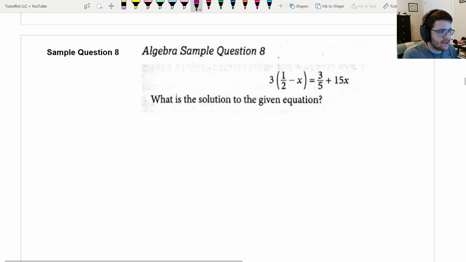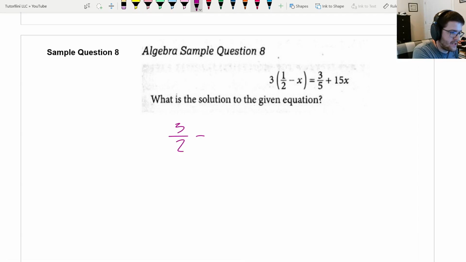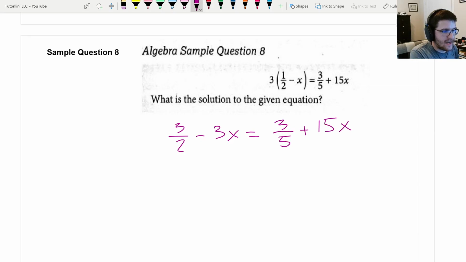Okay, so I really don't like these fractions. But I realize I have to distribute over here. So why don't we do that first? So 3 times a half is 3/2 minus 3x equals 3/5 plus 15x. And now before I go any further, I'm going to clear the denominators. So to do that, we're going to find the LCD.